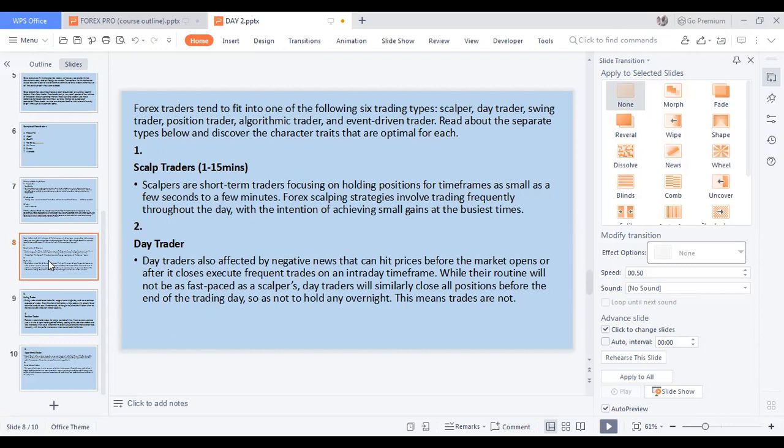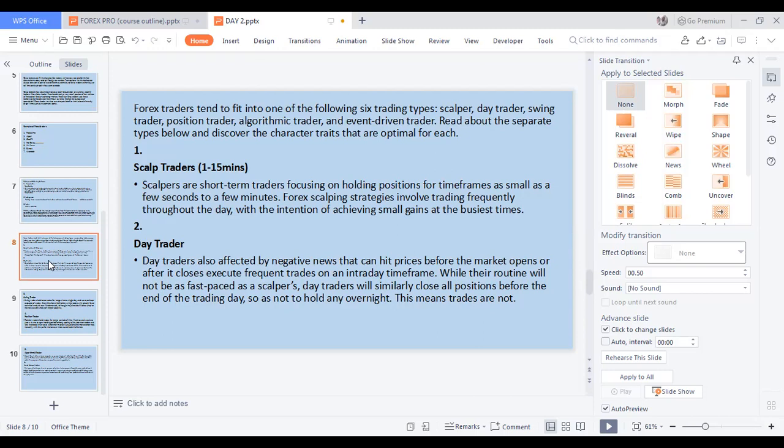Day traders are traders that are also affected by negative news. They also don't like their trades to go over to the next day. Let me explain what I'm trying to say. Scalp traders are people that like to come to the market, get their profits and run off. Normally in the forex market, if your trade goes over to the next day, the brokers will charge you what they call a swap fee.